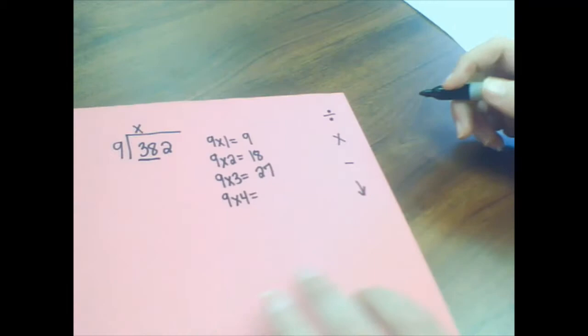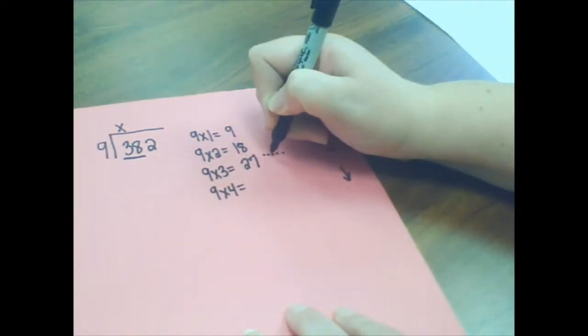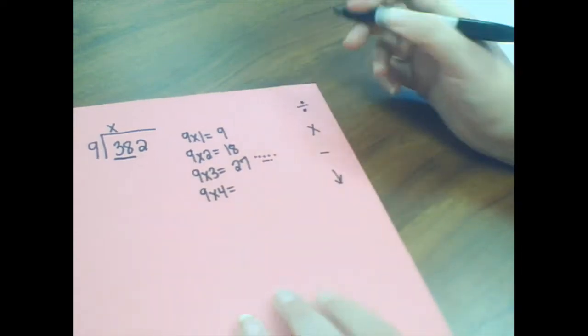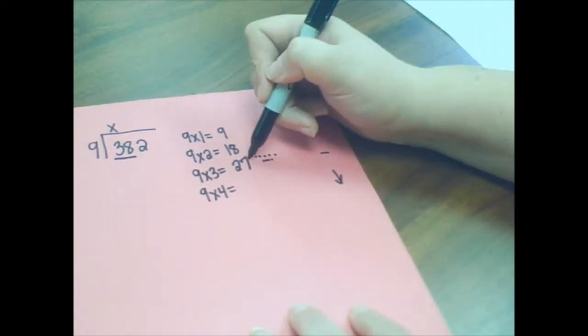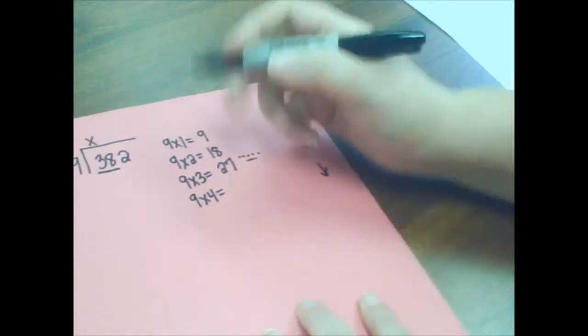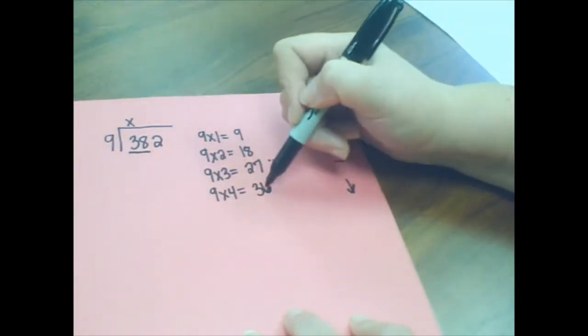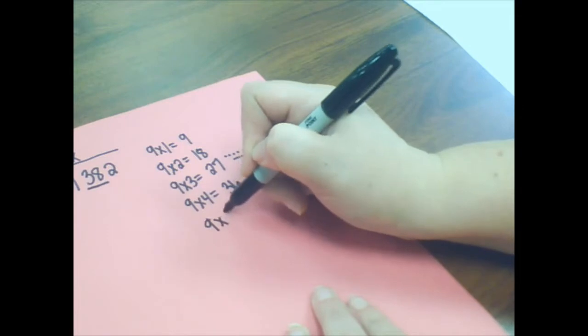9 times 4. If I don't know it, remember, I can draw my 9 dots and then count on 27, 28, 29, 30, 31, 32, 33, 34, 35, 36. Okay, that's not 38 yet, so I have to keep going. 9 times 5.